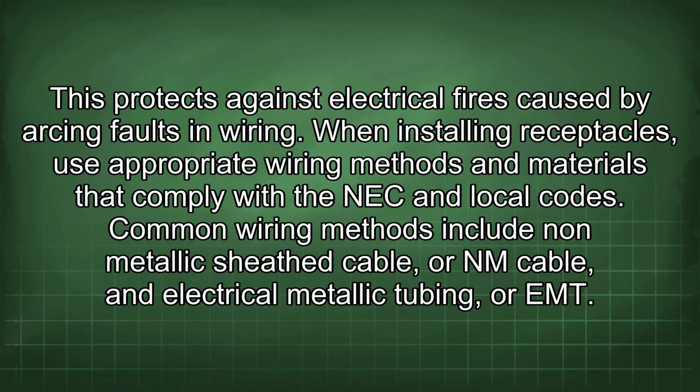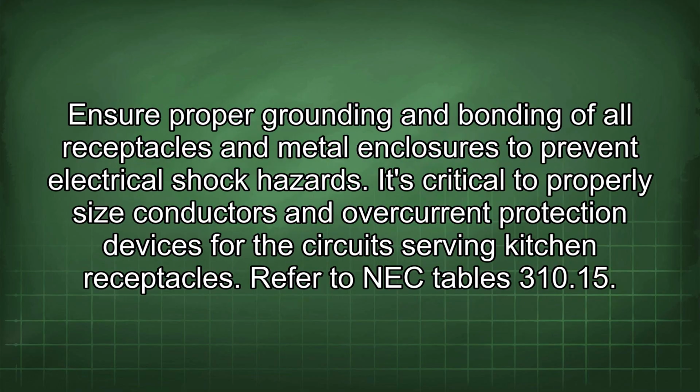When installing receptacles, use appropriate wiring methods and materials that comply with the NEC and local codes. Common wiring methods include non-metallic sheath cable, or NM cable, and electrical metallic tubing. Ensure proper grounding and bonding of all receptacles and metal enclosures to prevent electrical shock hazards. It's critical to properly size conductors and overcurrent protection devices for the circuit serving kitchen receptacles.